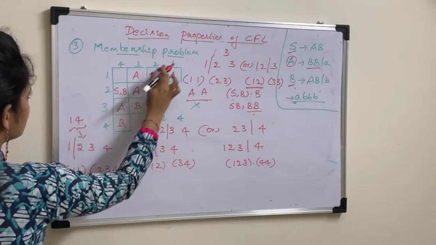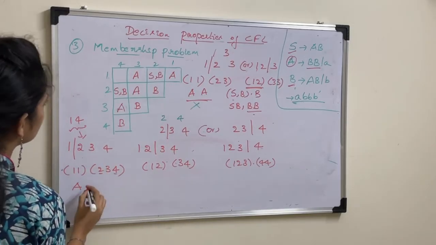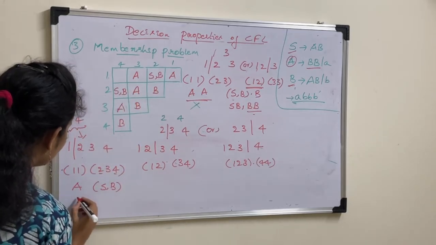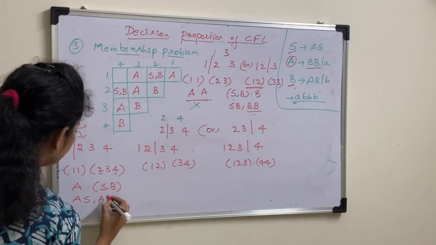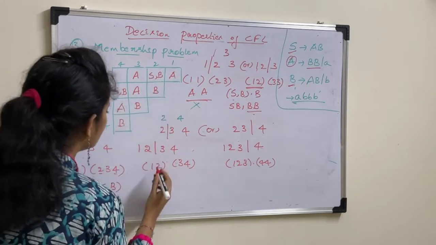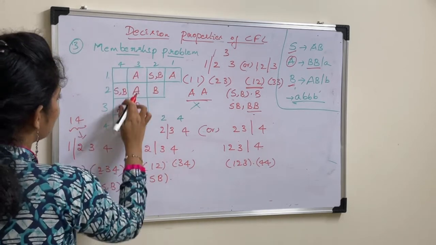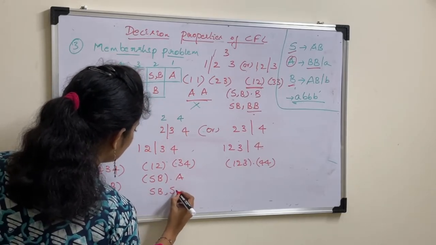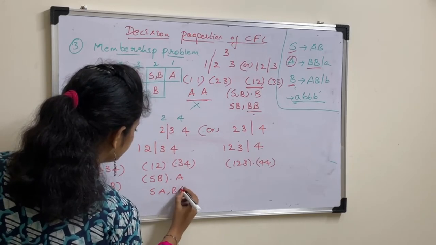1 1 means A. 2 4 is SB, so this is written as AS comma AB. Now 1 2 means SB, and 3 4 means A, so this can be written as SA comma BA.